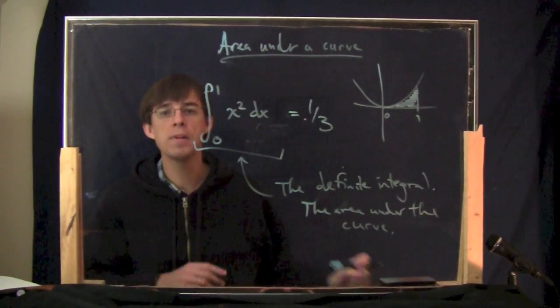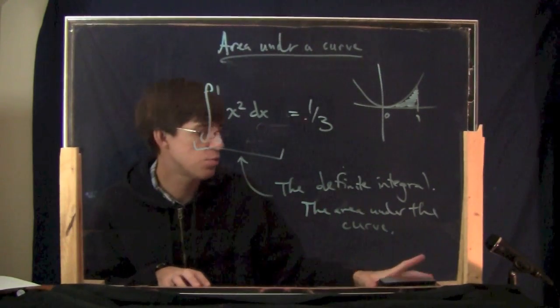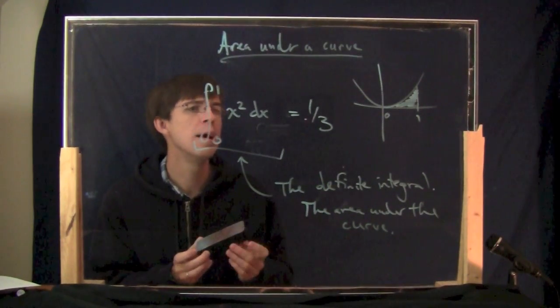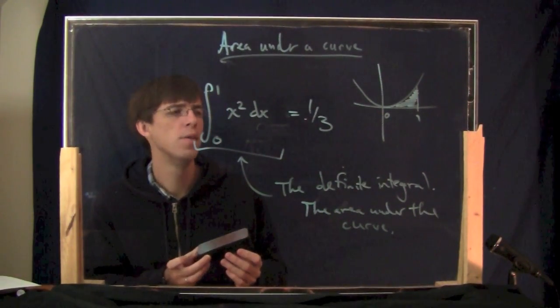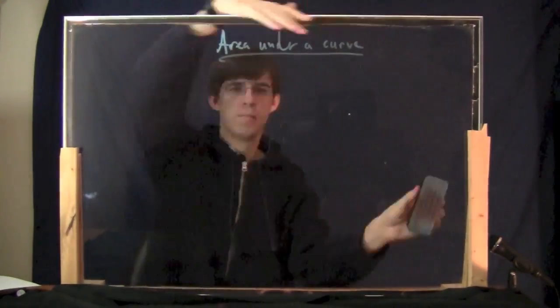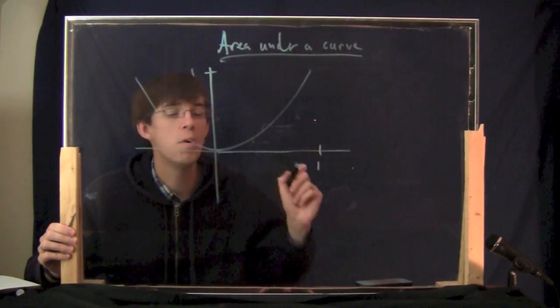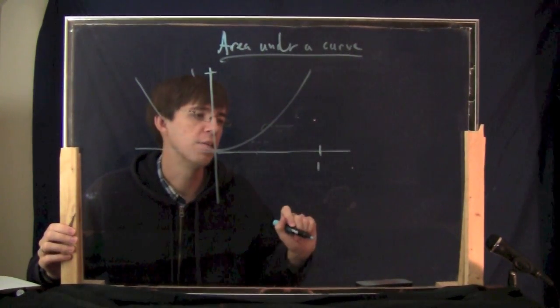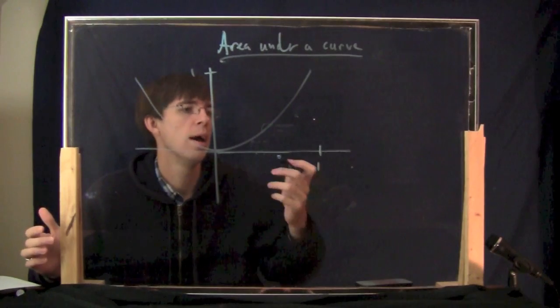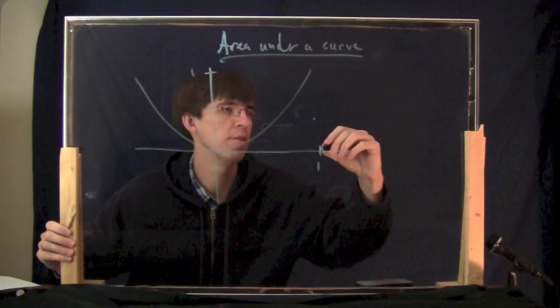All right. Now, I want to talk today about how you could estimate this value if you didn't already know the answer was 1/3. How could you try to get something close to the true answer of 1/3? All right, I'm going to draw the same picture again. Even if you don't know anything about finding area under the curve, which we don't, how could you try to guess, or how could you try to estimate the area under this curve?